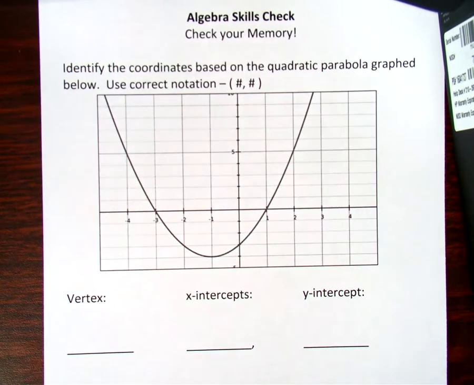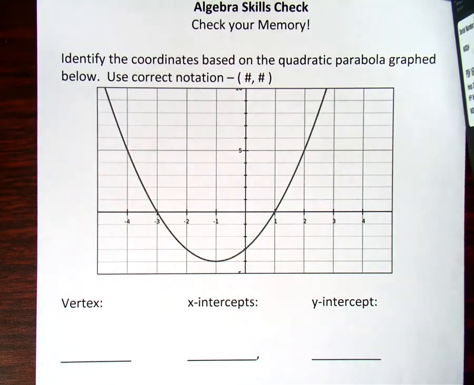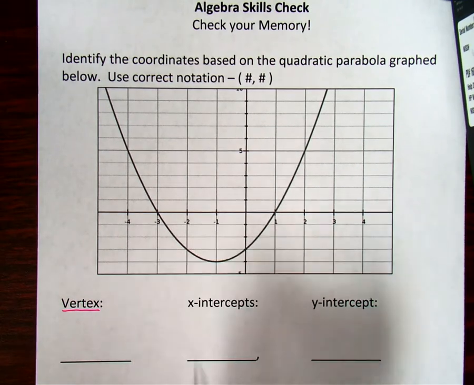So when I look at this graph, it just wants to know what's the vertex, what are my x-intercepts, what are my y-intercepts. It is a parabola, a graph of a quadratic equation, and it does have a minimum because it opens upwards. So when I look, the first thing it says is what is the vertex. So remember, your vertex is your turnaround point.